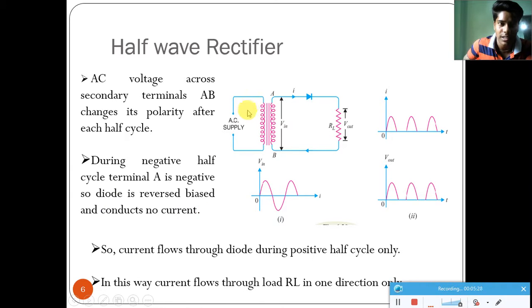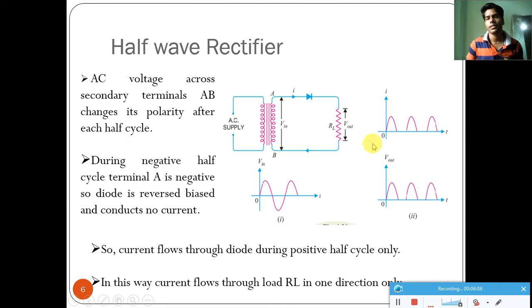Current flows through the diode during the positive half cycle. In this way, current flows through the load RL in one direction only. Of course, because at the input we are supplying two-directional current, positive as well as negative, but at the load side we are getting single-direction current.